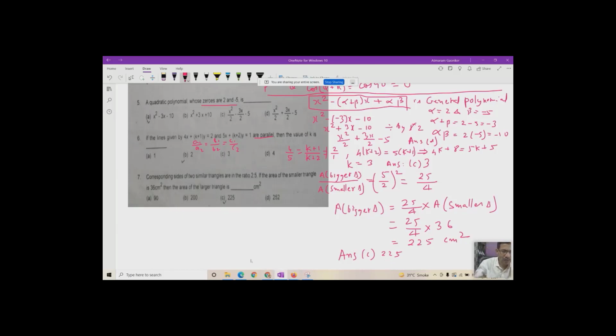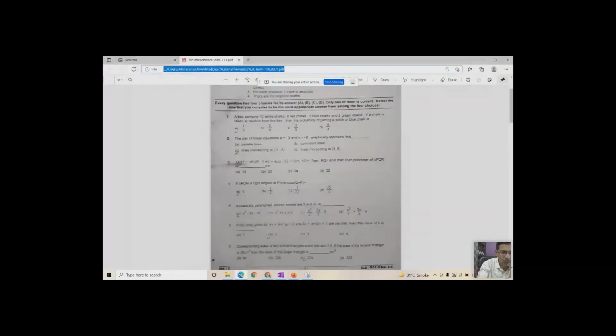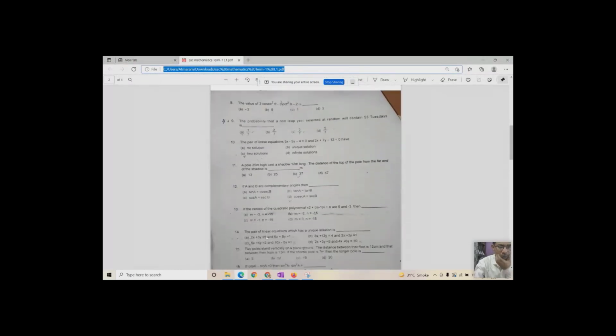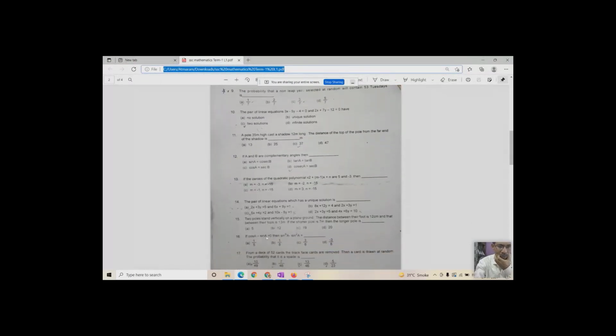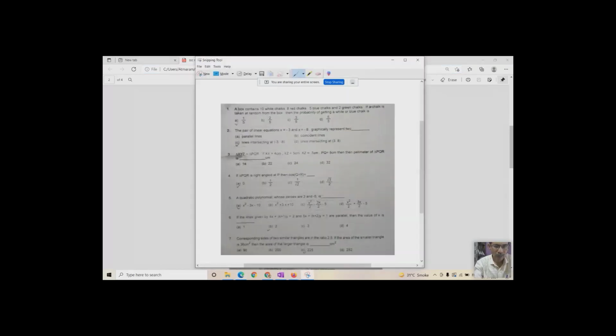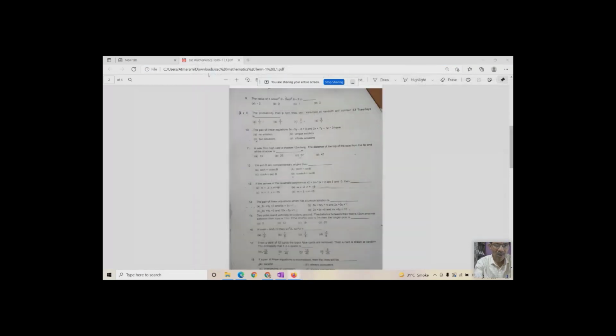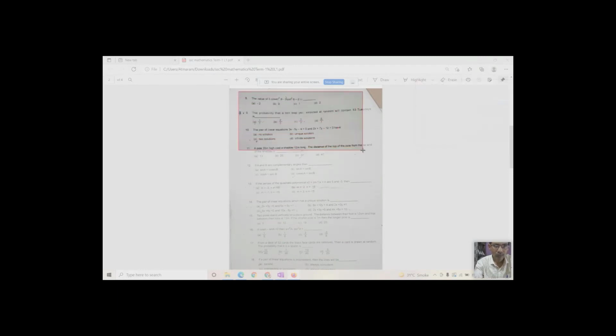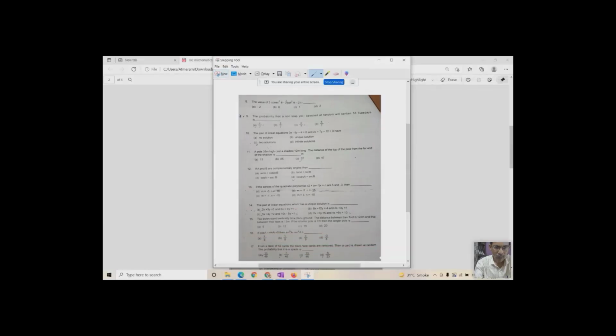So let me go for the next page. Give me some 20 seconds. Just a minute.